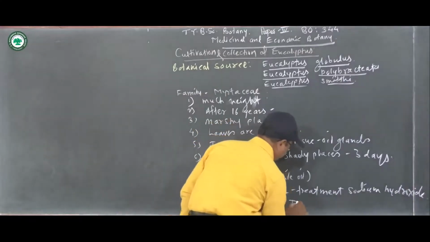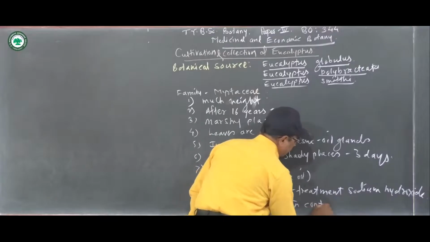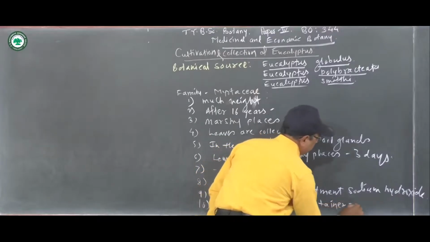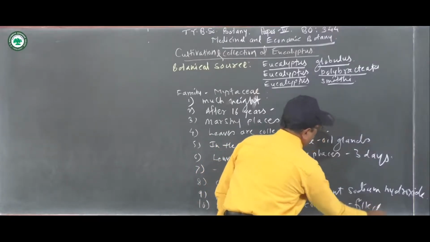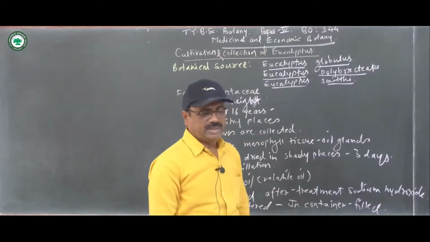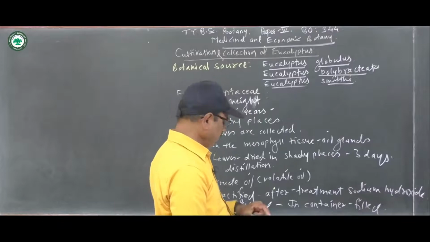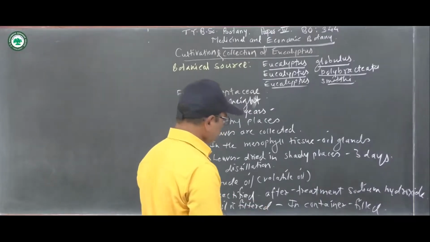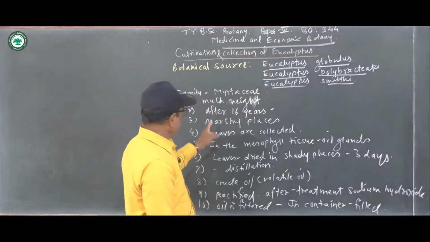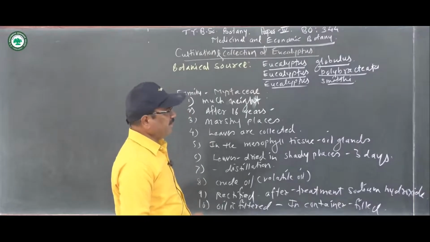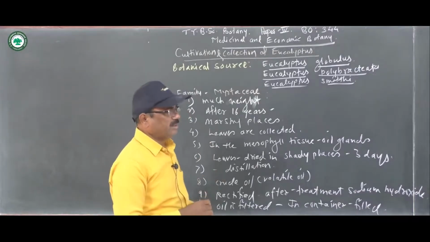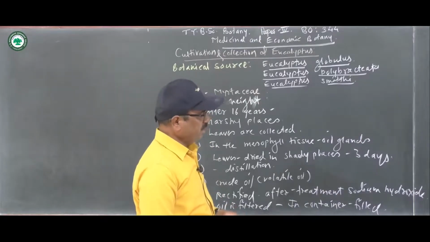So in different types of containers it is filled, and after that, these containers or bottles are sealed. So thus, this is about the collection and cultivation of this eucalyptus.